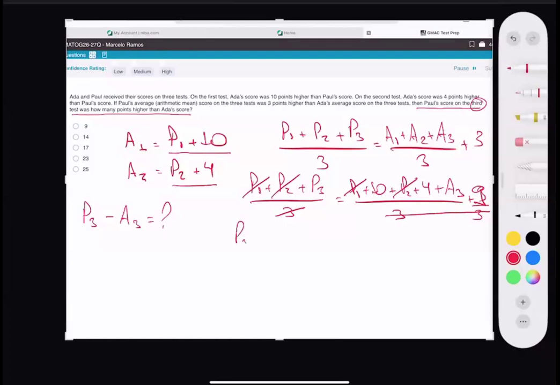I have P3 minus A3. Is that okay? Is equal 10 plus 9 plus 4, 23. Do you guys agree? Okay.